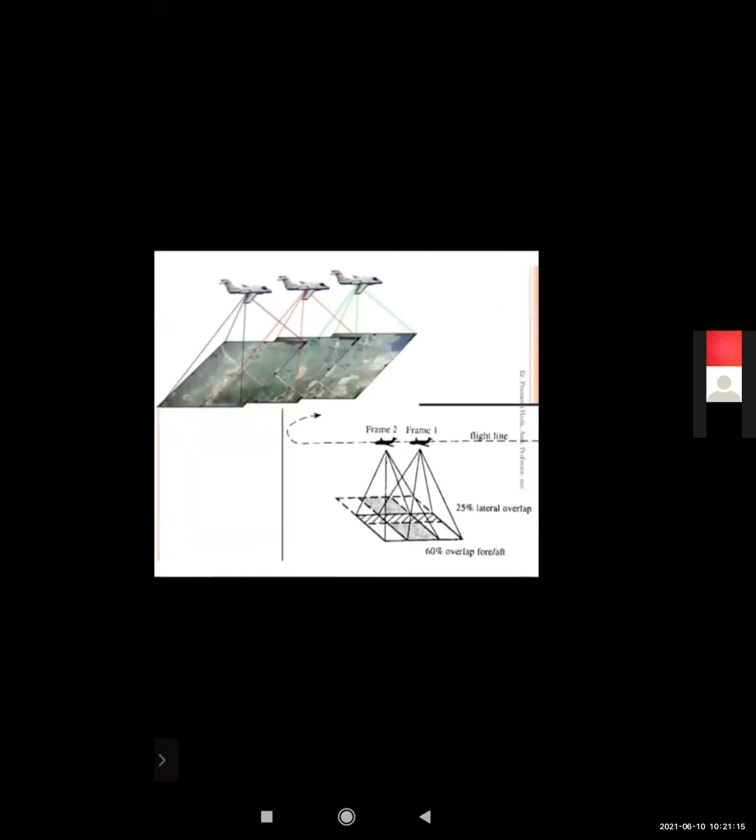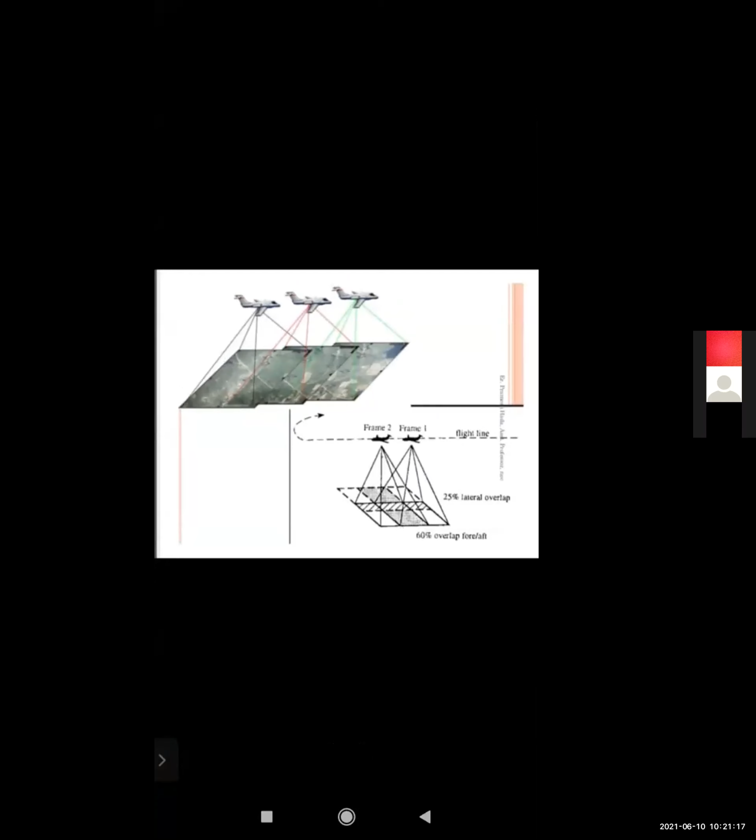The process of clicking images is of this type. One area is captured 3 or 4 times by the overlapping method. At the same place we click the image by overlapping. Overlapping is approximately 33% or 30%.